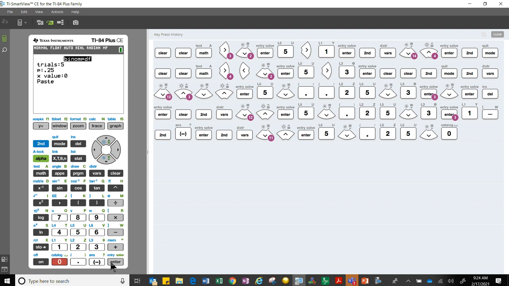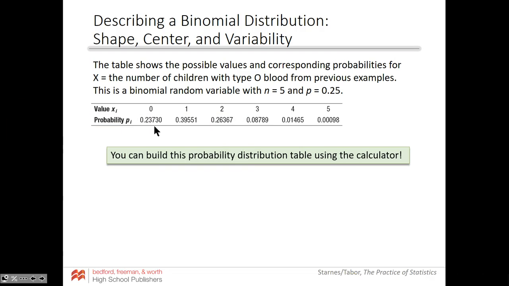What's the probability, let's say, that you have no kids with type O blood? 0.237, right? So that's how we get that 0.237 number. Again, we're just going to use the calculator, and you can pause the video and double check and fill in all of these probabilities. So that's our probability distribution table.